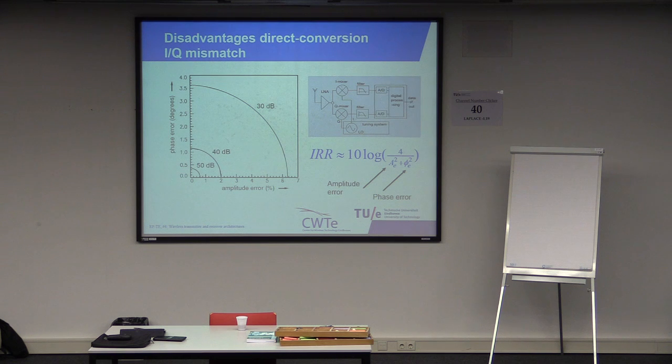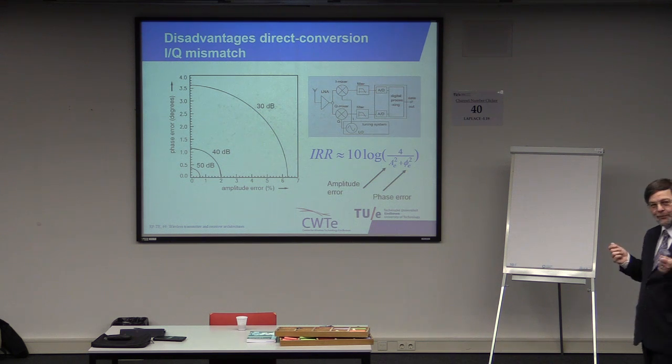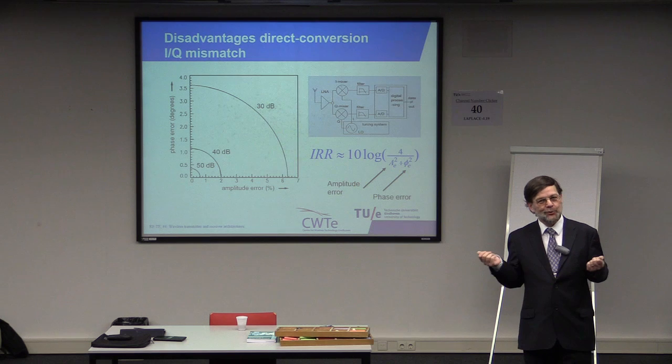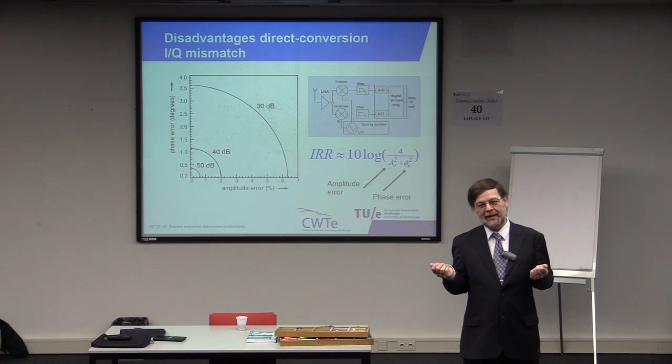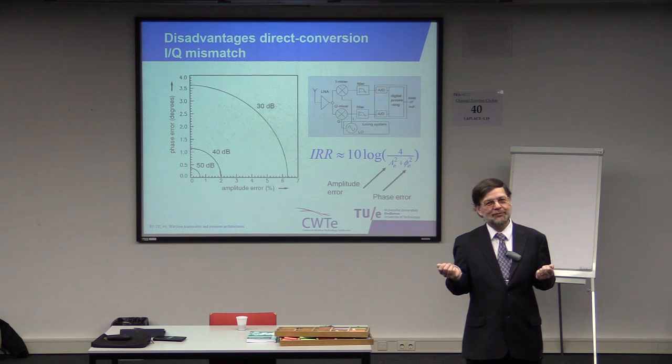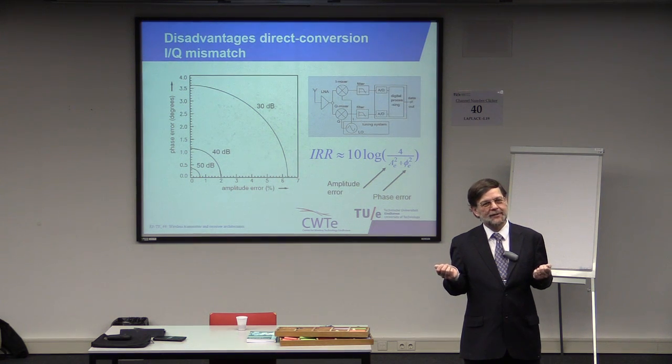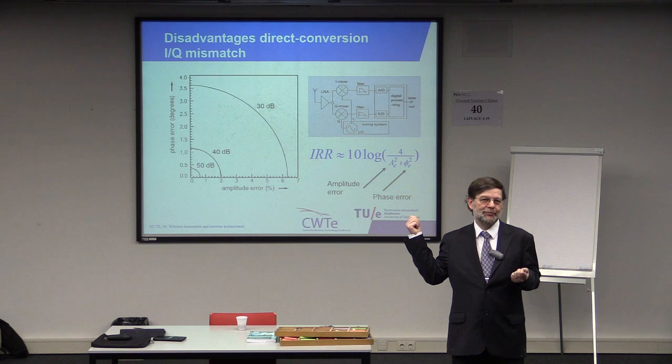So we have 0.6 times 10 to the power of minus 4 meters. So that is 60 micrometer length. If the cables with which I connect the I and the Q signal of the local oscillator are different in length by 60 micrometers, I already have this leakage.